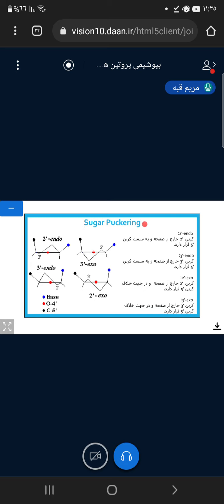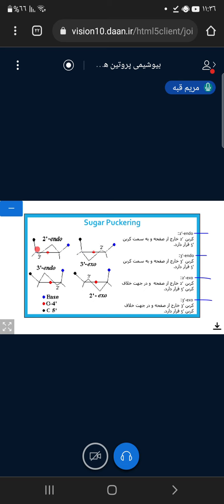Sugar puckering is the sugar conformations in the nucleic acid. There are 4 conformations for sugar in the nucleic acid. قند 4 تا کانفورماسیون به خودش میگیره در اسید نوکلئیک.